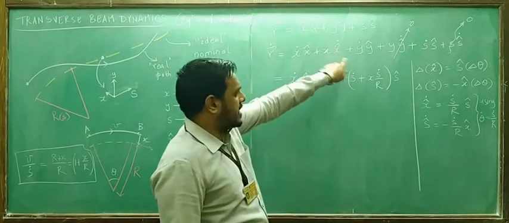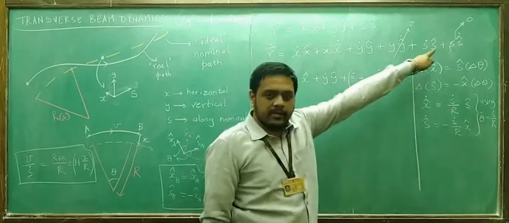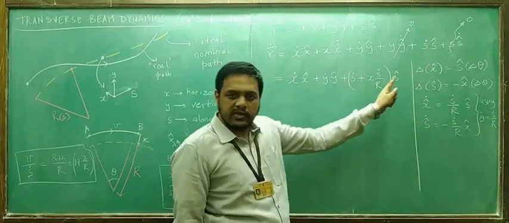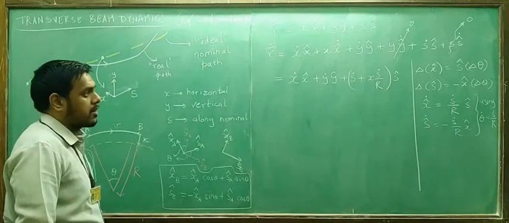Basically, x hat dot gets substituted as s dot by r s hat. There is already a term containing s hat. We just combine both of them and give it this kind of form.